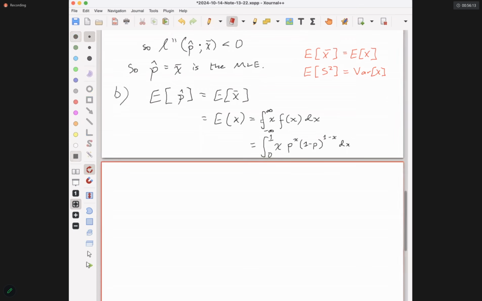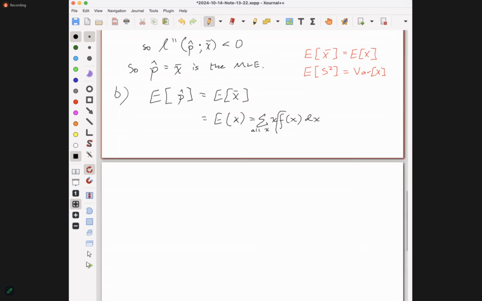I apologize. This is not a continuous distribution. So we're looking at a sum, not an integral. So we're looking at the sum over all possible x of x times, not the density, I misspoke, sorry. It's the mass function for our Bernoulli variable.